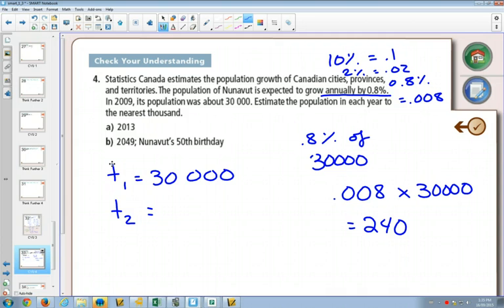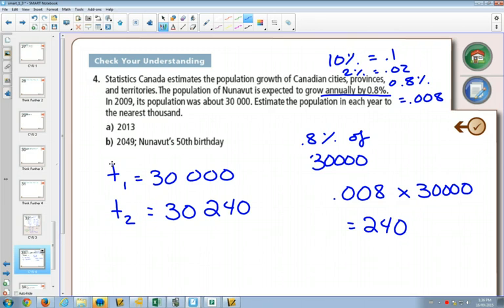Because 1% would be 0.01, and then 0.8% will be 0.008. So then in 2010, we would estimate 30,240.